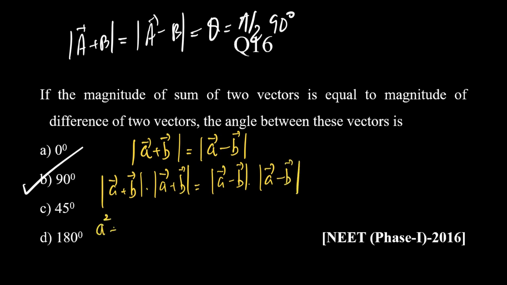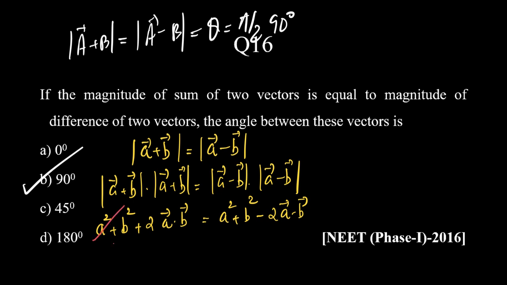This is equal to a square plus b square plus 2 a dot b, is equal to a square plus b square minus 2 a dot b. And remember, it's a dot b and not a into b, because it's a vector here.